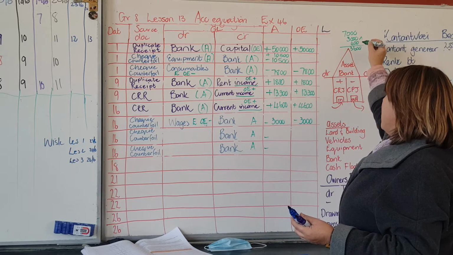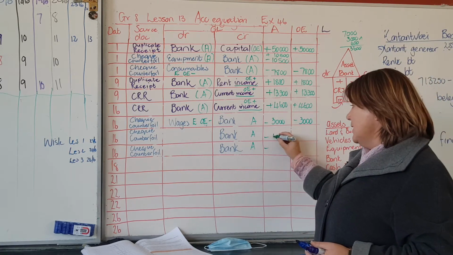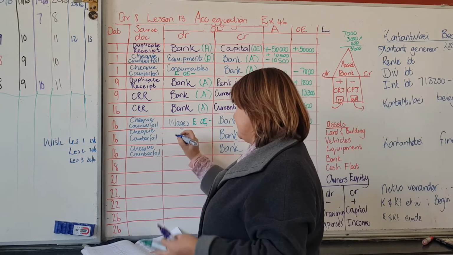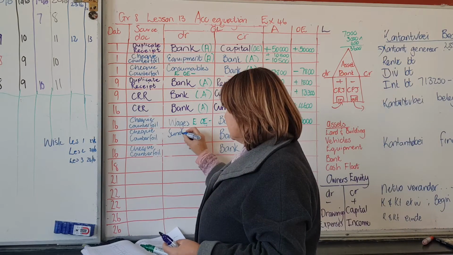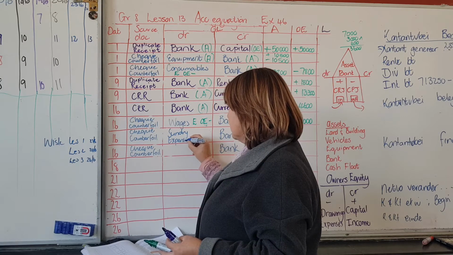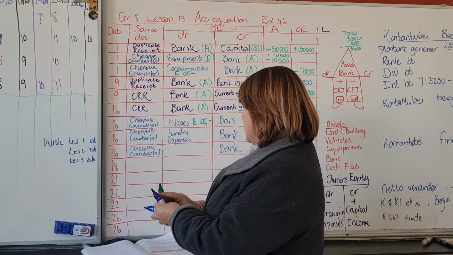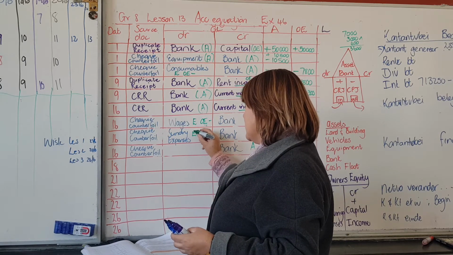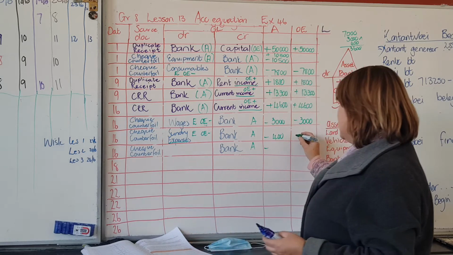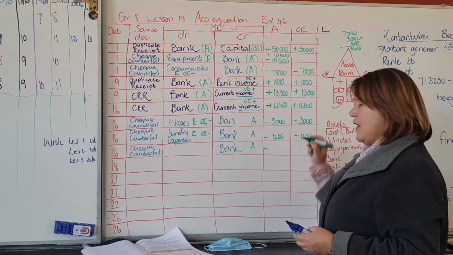Then you made a 400 Rand payment for sundry expenses. And that is an expense, as you can see. So owner's equity is going to decrease with 400 Rand.